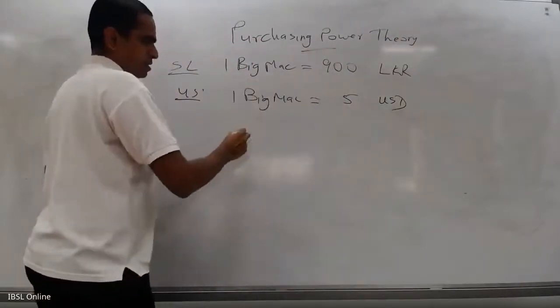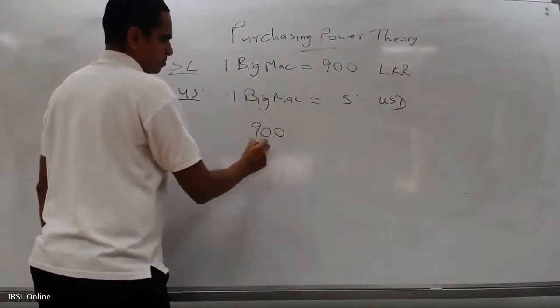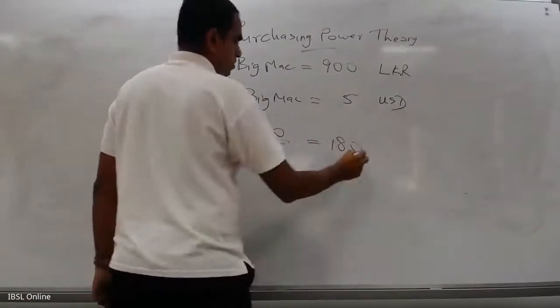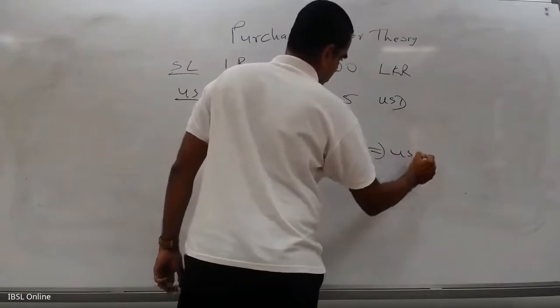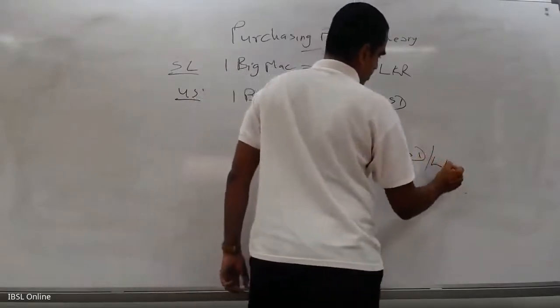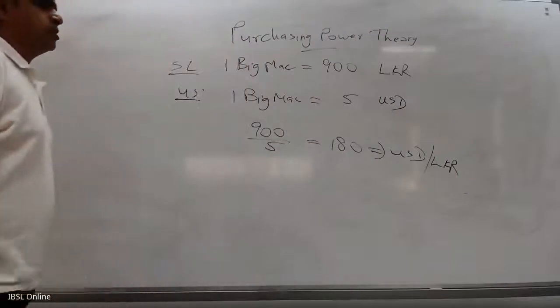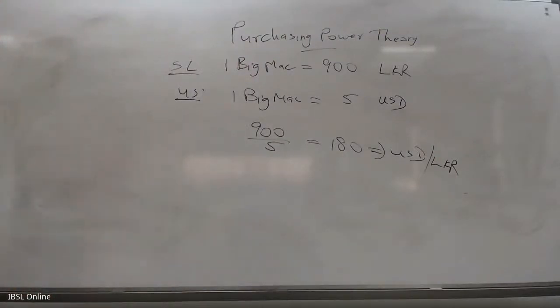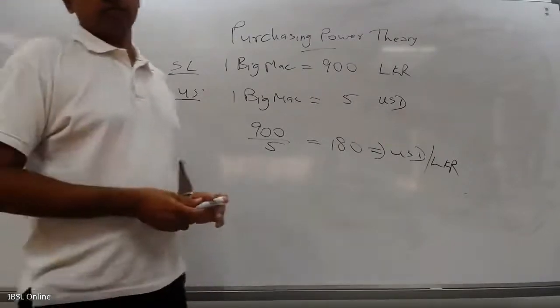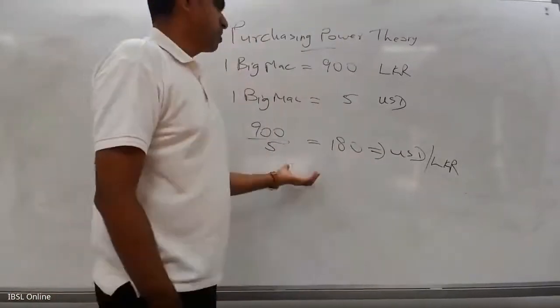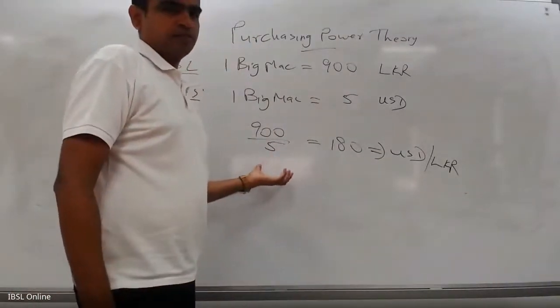Now in this case, 900 divided by 5 is 180, which is the exchange rate of the dollar against the rupee.